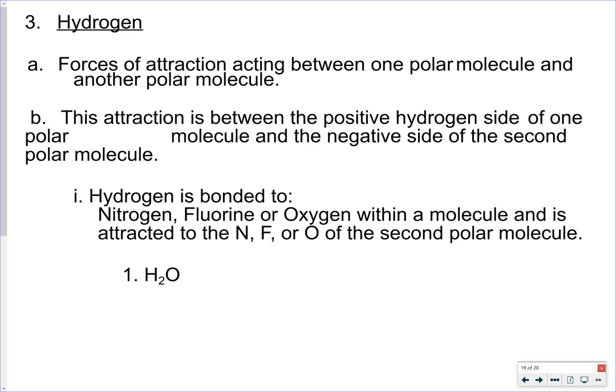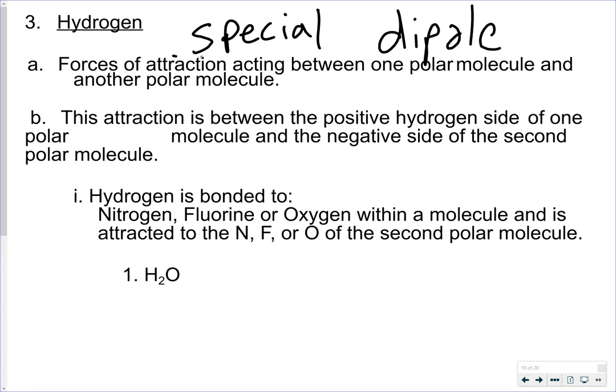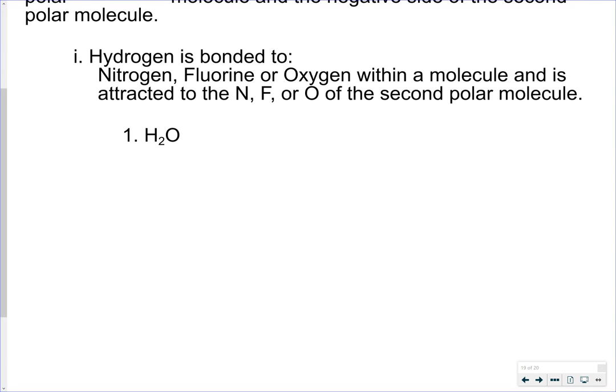Hydrogen is a special type of dipole. Okay, it's a special dipole. It is so special that this only happens between hydrogen with nitrogen, hydrogen with fluorine, hydrogen with oxygen.